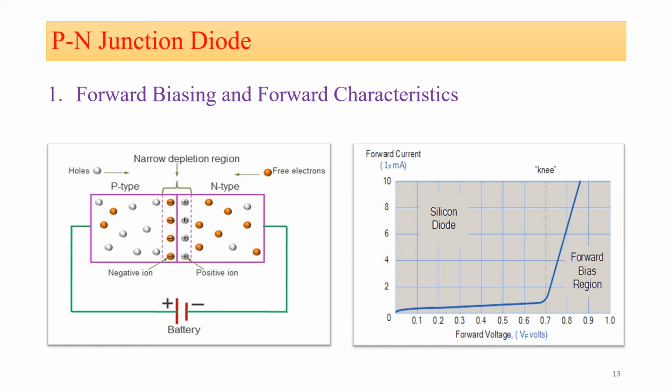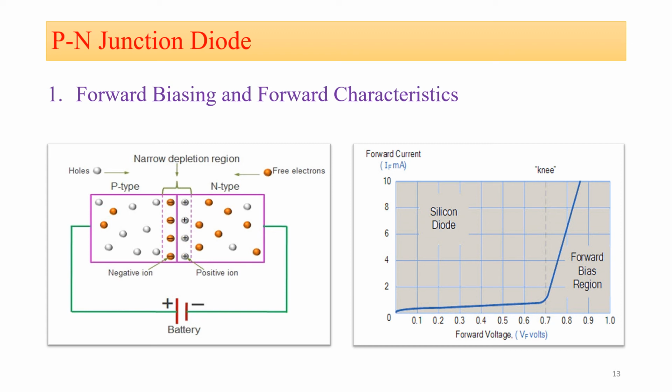Now when the width of the depletion region is exactly 0, this is nothing but the barrier potential being equal to 0. If you are using a silicon diode, then the minimum voltage across the diode, or the barrier potential for the silicon diode, is equal to 0.6 volt to 0.7 volt.